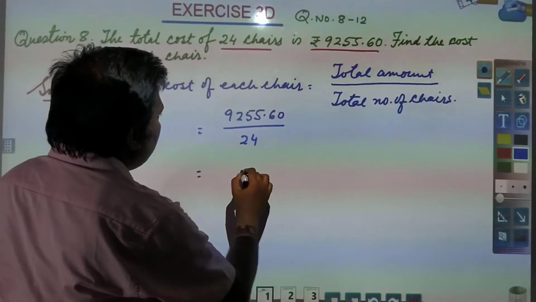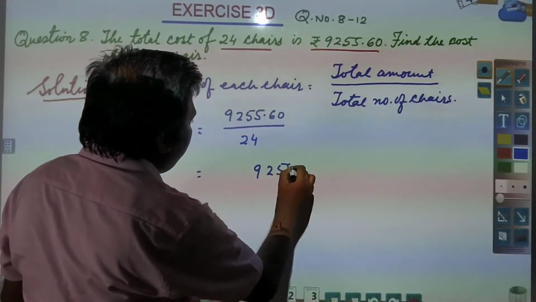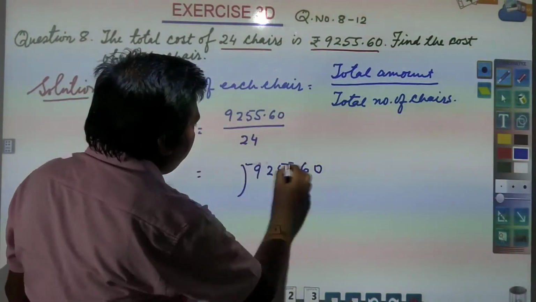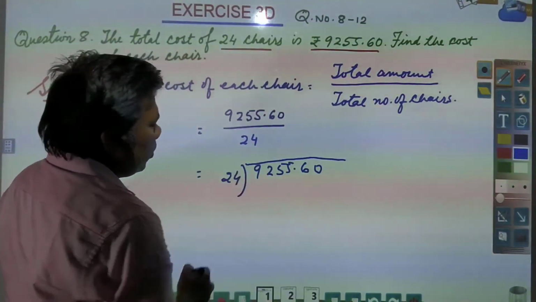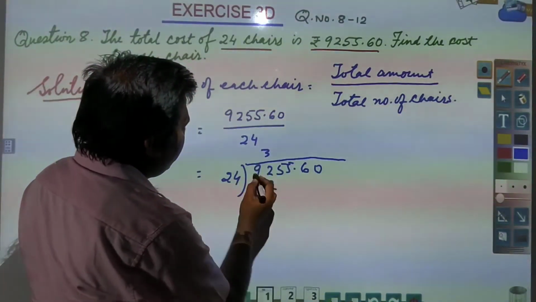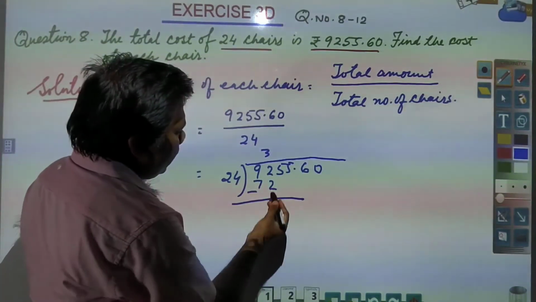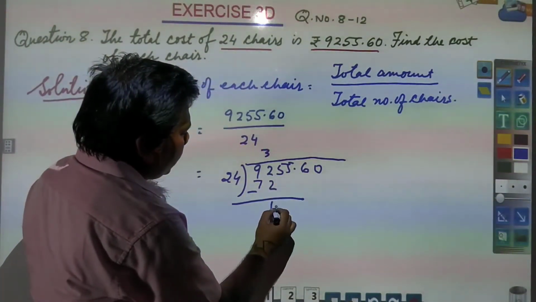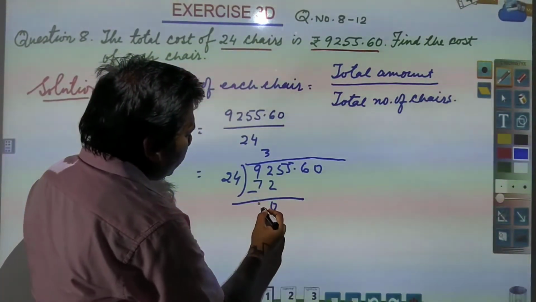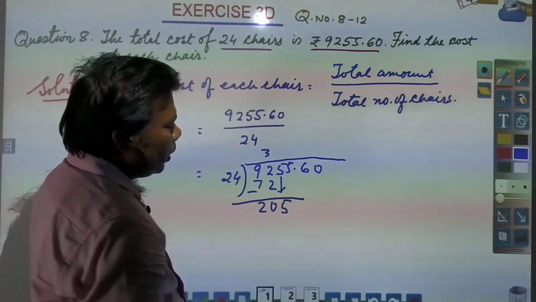Here 9255.60 is required to be divided by 24. So this will go 3 times. 3 4s are 12, 3 2s are 6 and 1 is 7. If you subtract, 2 minus 2 is 0, 9 minus 7 is 2. The next number is taken down, you get 205.